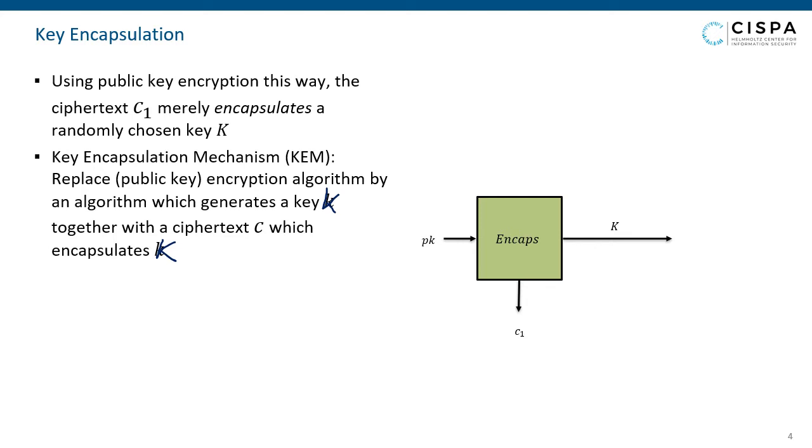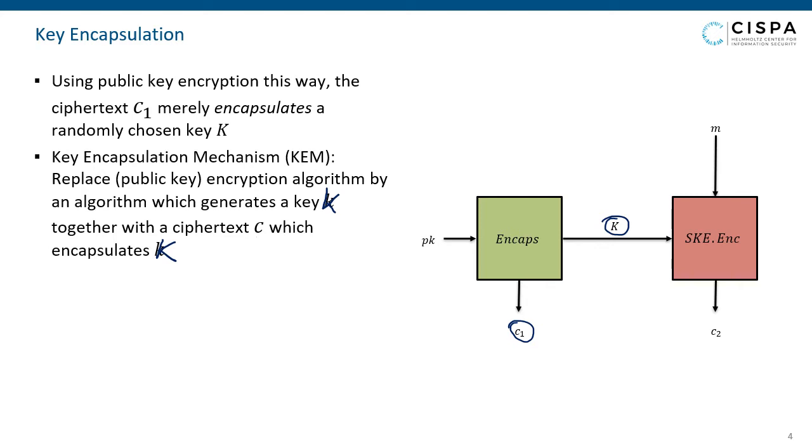The way we can think about this, the encapsulation algorithm is a randomized algorithm which takes as input a public key, and outputs a ciphertext C1 and such a uniformly random key K. And of course, now we can use this key K in our hybrid encryption construction.